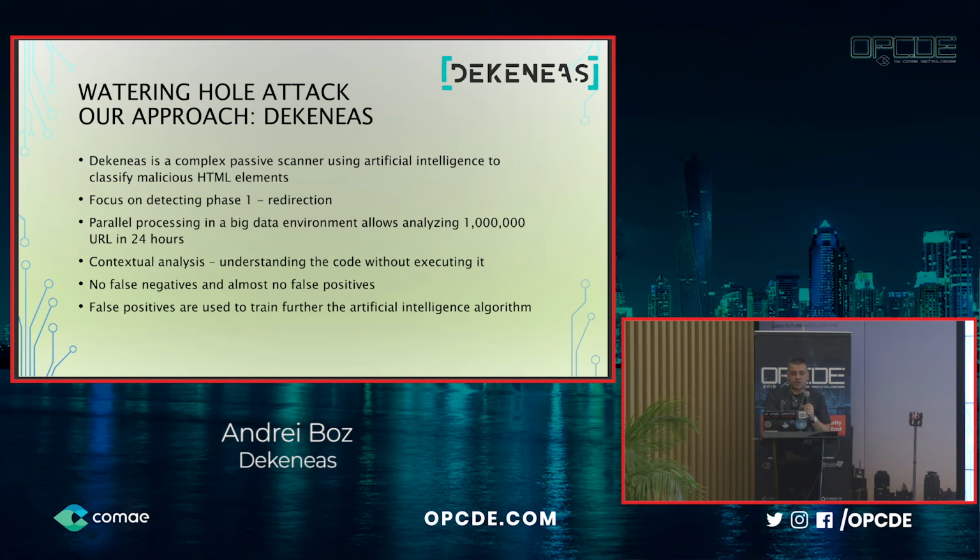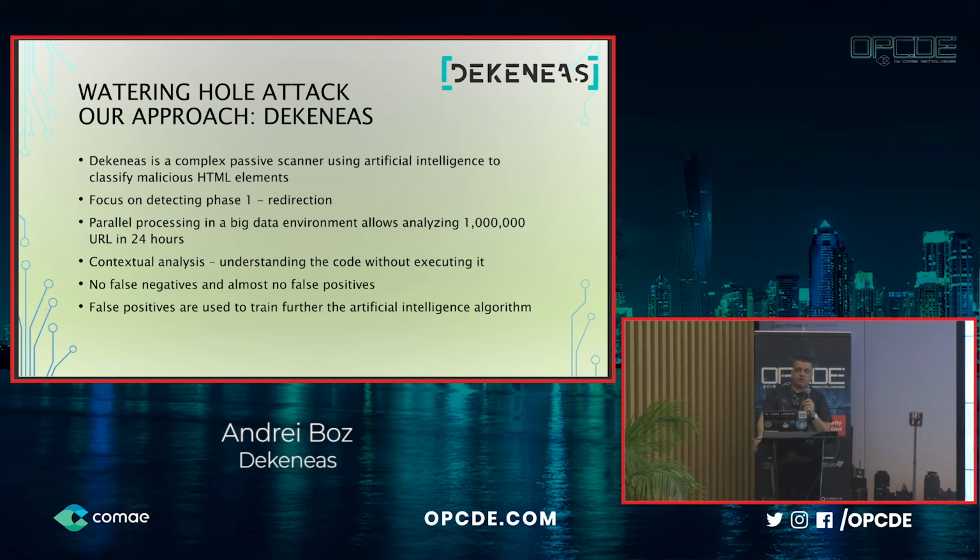Our focus was on detecting phase 1, the redirection and fingerprinting of users, instead of trying to identify blacklisted IPs or exploit signatures, etc. We developed DEKENEAS as a big data system, which allows parallel processing in a big data environment, which in turn allows us to analyze something like 1 million URL addresses in 24 hours, which is basically huge.